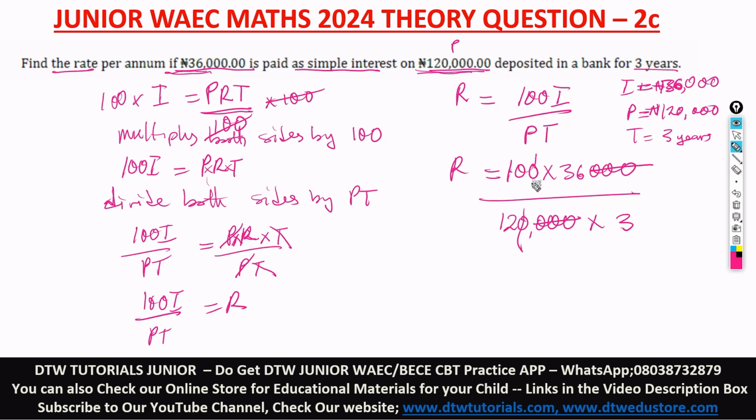This 1 zero will cancel out this 1 zero. Okay, and 12 can go in 36. Yes, 12 will go here 1. In 36 will go 3 times, and this 3 would cancel out this 3 to be 1, and you're left with 10 times 1, which is what? 10. And remember, rate is in percent, so it is 10%. So our rate is 10%.